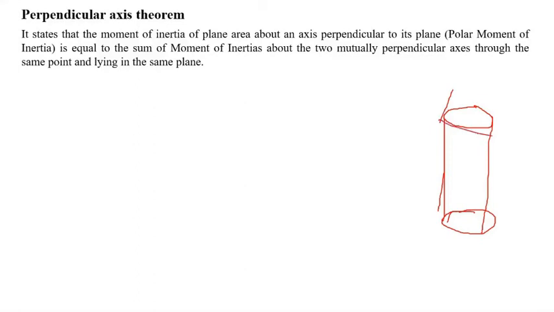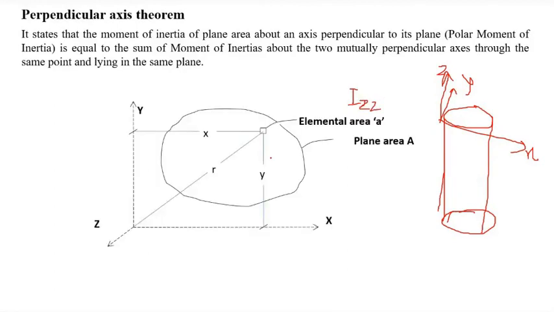Let's say this is the x-axis and this is the y-axis, and there will be a z-axis over here. If you want to calculate the moment of inertia about the z-axis, that's nothing but Izz. According to the theorem, Ixx plus Iyy. That is the required solution.